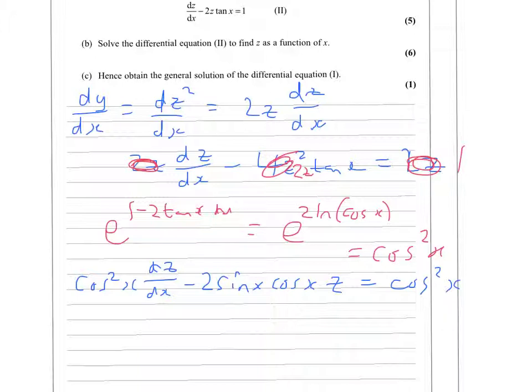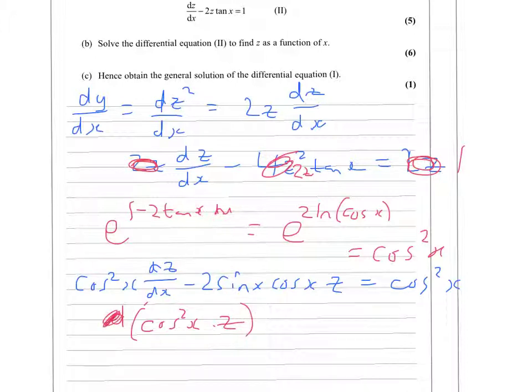Something like that. Now, the point is that when you differentiate cosine squared, we get 2 sine x cos x. When you differentiate z, you get dz by dx. So this is simply the differential of cosine squared x times z. You didn't actually need to go through all that rigmarole, you could just write that down.